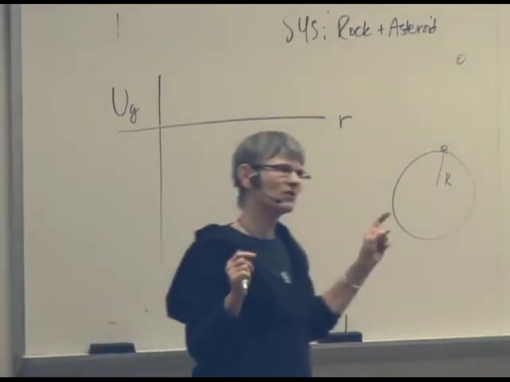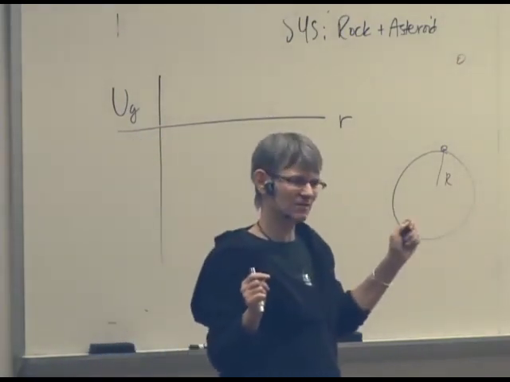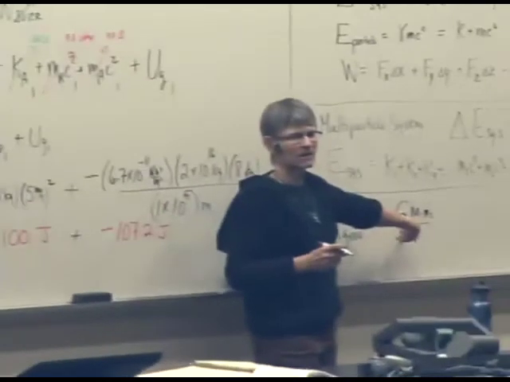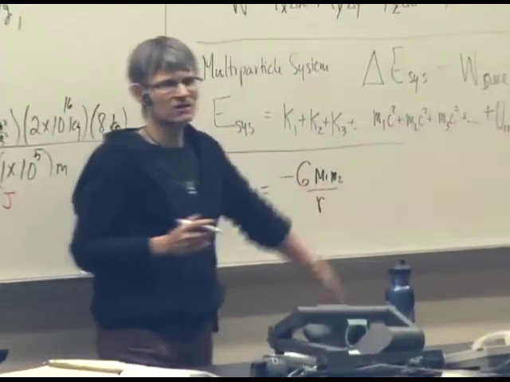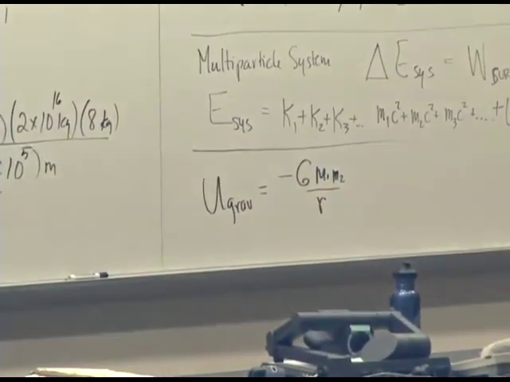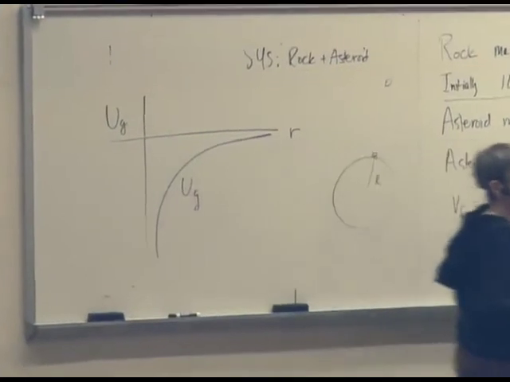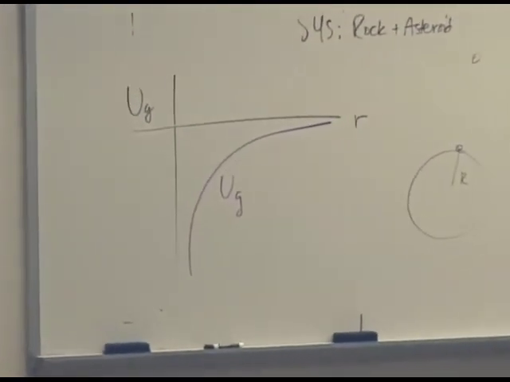So we've got this 1 over r thing, but it's negative. So when r is really, really, really big, this number is nearly 0, isn't it? And when r is small, it's going to look something like that. And it's going to be negative, and that's okay. And we'll talk more about that next time.